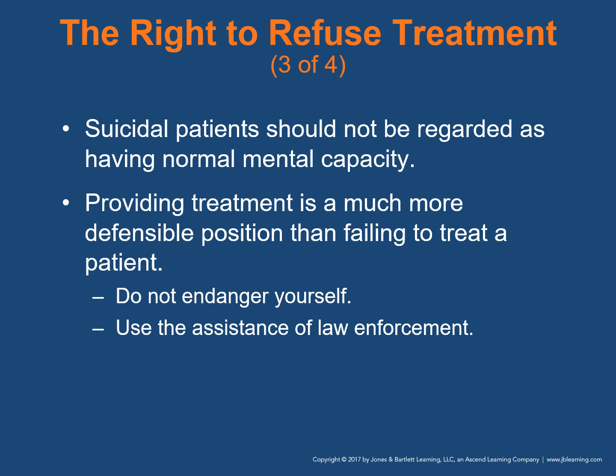Patients who have attempted suicide or conveyed suicidal intent should not be regarded as having normal mental capacity. When in doubt, providing treatment is a much more defensible position than failing to treat a patient. Do not endanger yourself to provide such care, however, but do use the assistance of law enforcement to ensure your own safety if necessary.